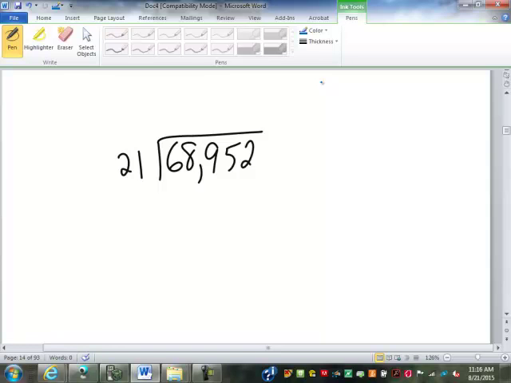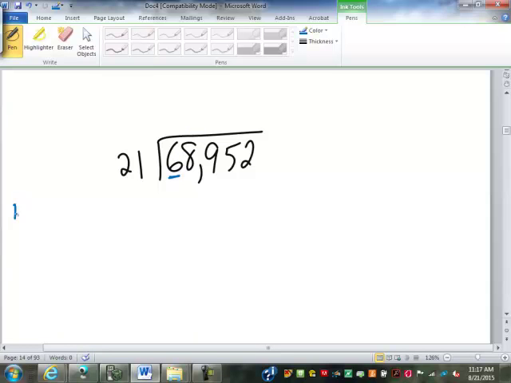But if I could subtract it in big chunks, we could speed the process up. And that's exactly what long division is: it's a process of subtracting large chunks of that number at a time to speed it up. How do we know how big of a chunk? Well, that's where the place values come in again. Now look at the number we're dividing here. This first digit, what is its place value?